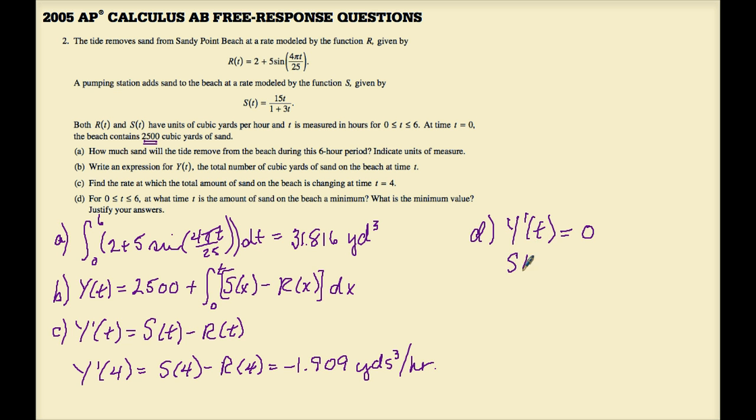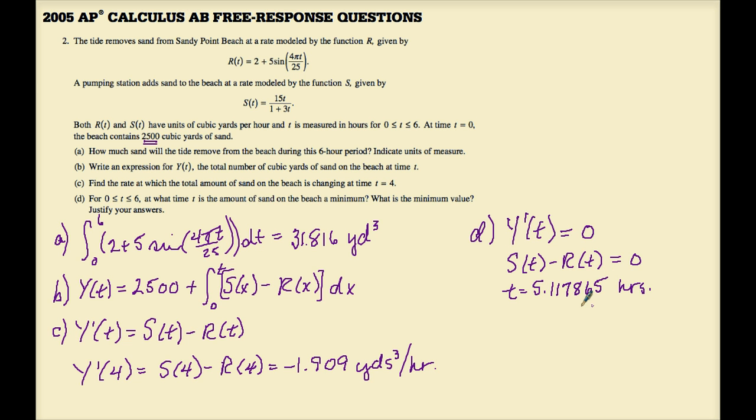That means setting this expression equal to 0. S of t minus r of t equals 0. We find that this expression is 0 when t is equal to 5.117865 hours.